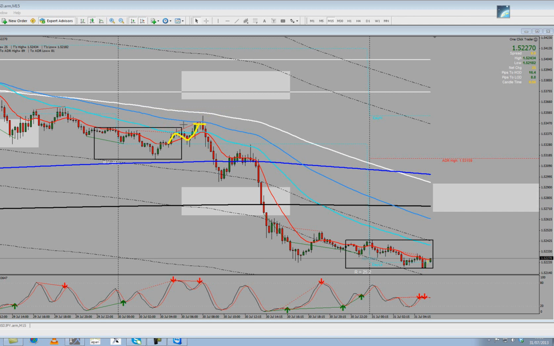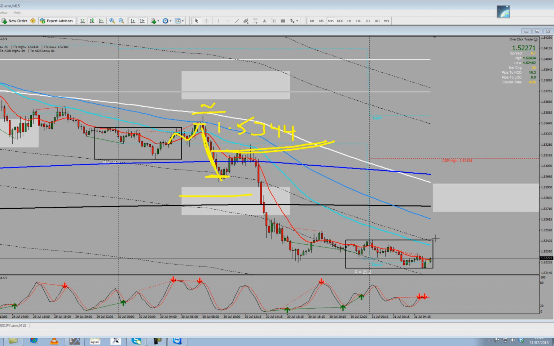I shorted this pair at 1.5344. I shorted this yesterday, and I came out here, so that was my trade. My stop loss was above the 200 EMA, and I made some nice pips here yesterday.